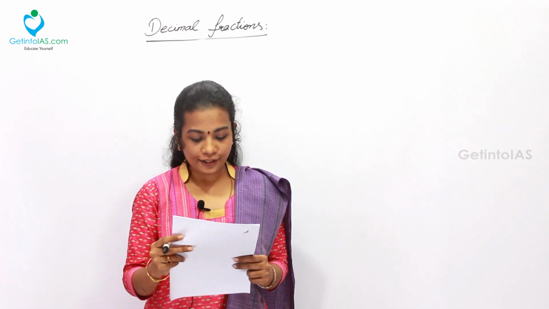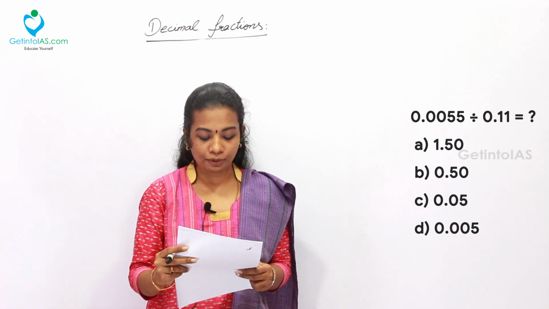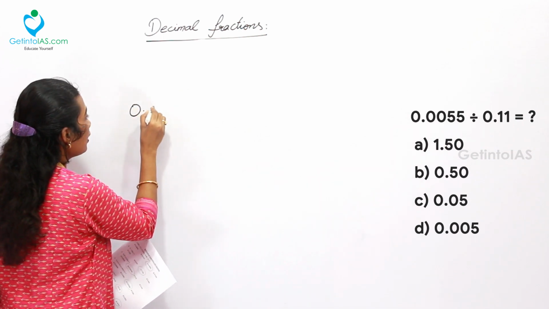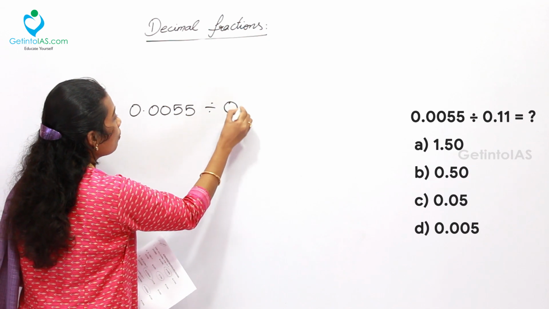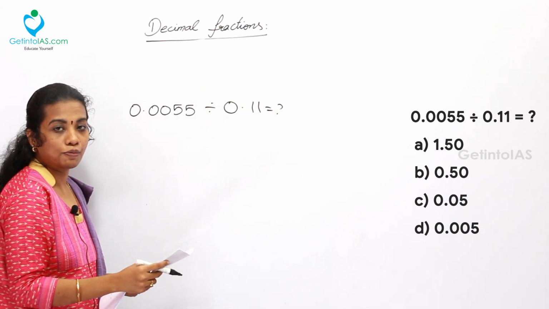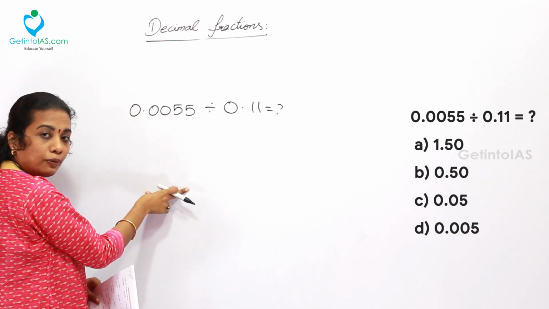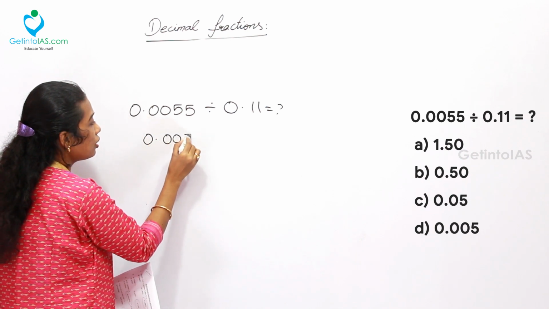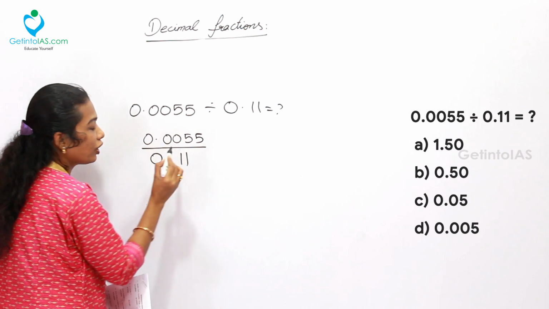The next question deals with the division part, that is 0.0055 divided by 0.11. What is the answer? Here you have 4 different options dealing with 5 and 1.5. The usual procedure to solve this is: 0.0055 divided by 0.11.